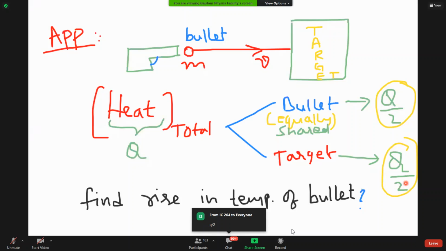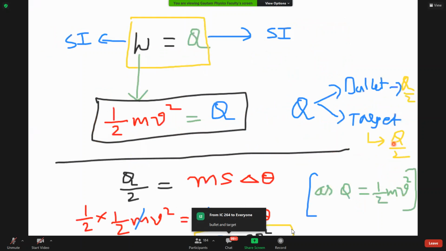That means the bullet is getting Q by 2 heat energy. By taking this heat energy, the bullet raises its temperature. The total heat produced at Q is not given only to the target or only to the bullet, it is shared between the bullet and the target.